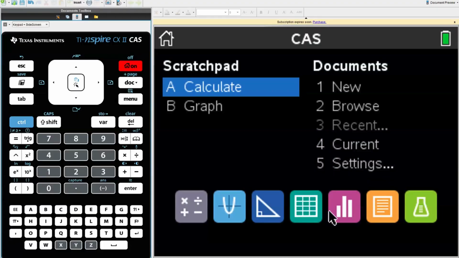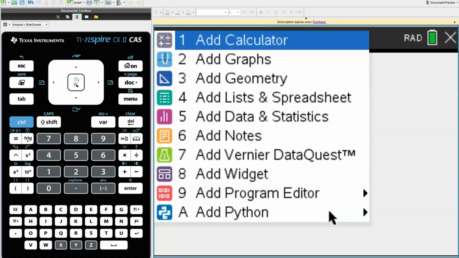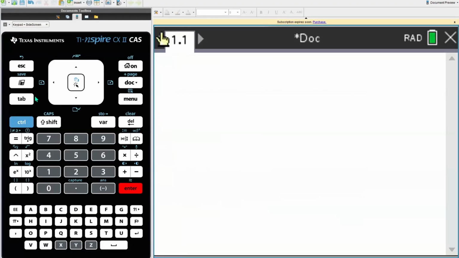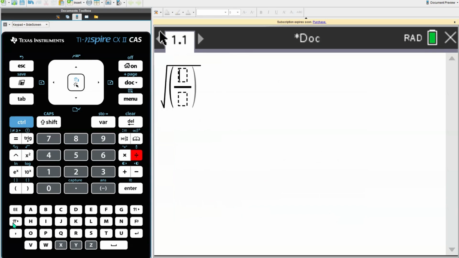So here's my calculator. Start a new document. Have a calculator page, and let's go ahead. Square root of quantity. Let's make this a fraction, pi over 2. Let's get out of that parentheses.